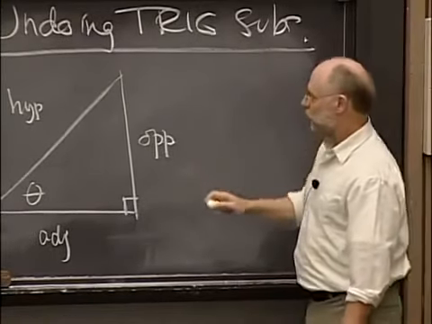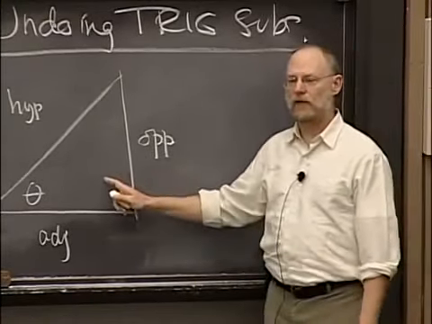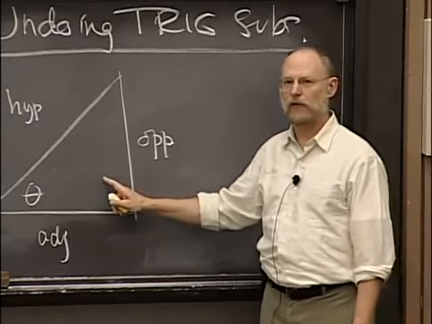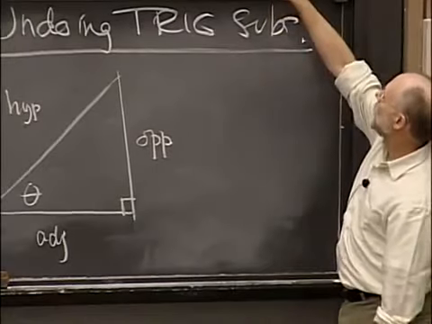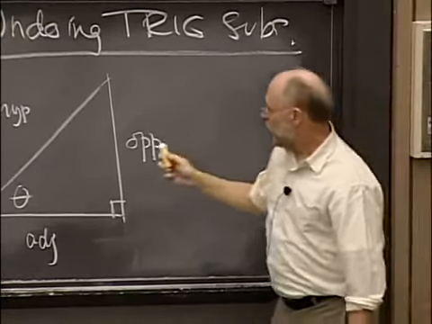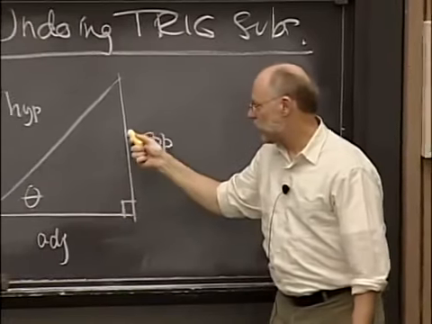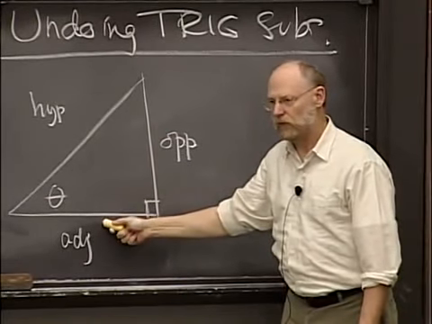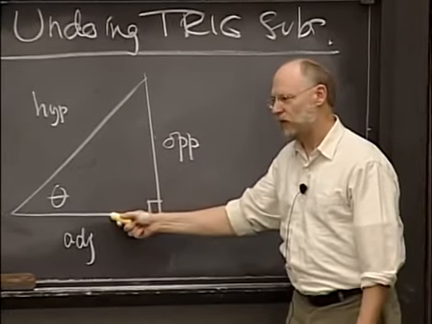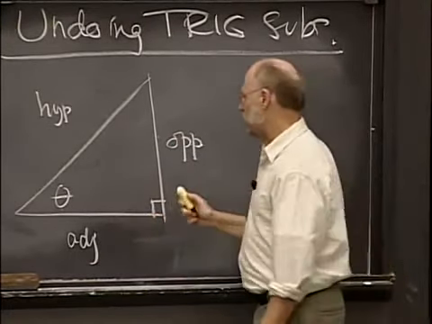Now, let's find out where x lies in this triangle. Let's try to write the sides of this triangle in terms of x. And what I know is x is the tangent of theta. So the tangent of this angle is opposite divided by adjacent. Did you learn SOHCAHTOA? Okay, so it's opposite divided by adjacent is the tangent.